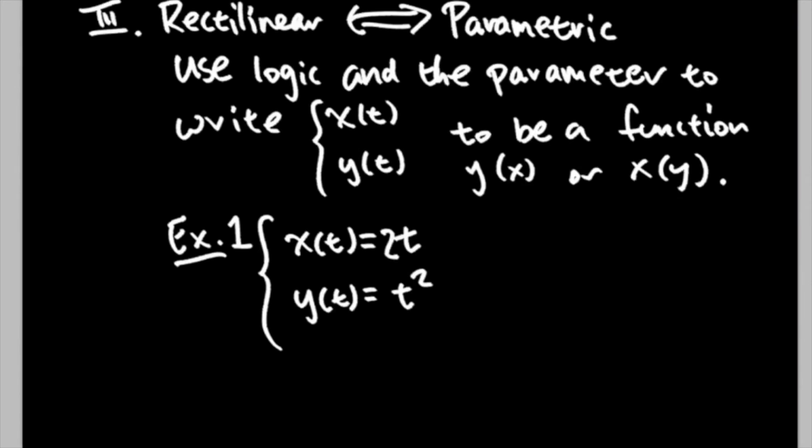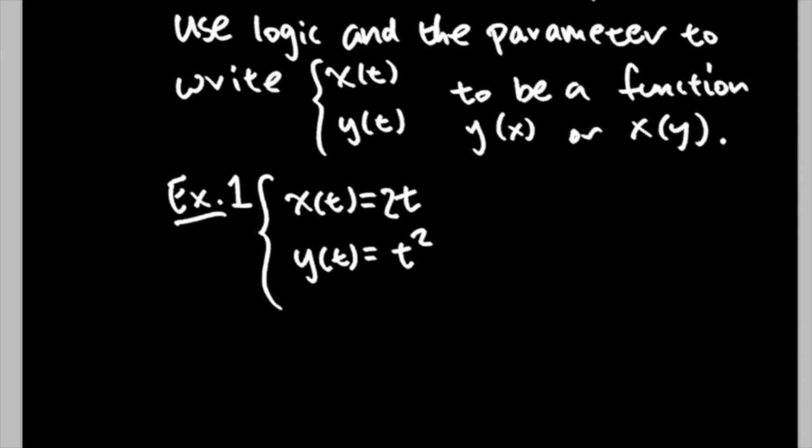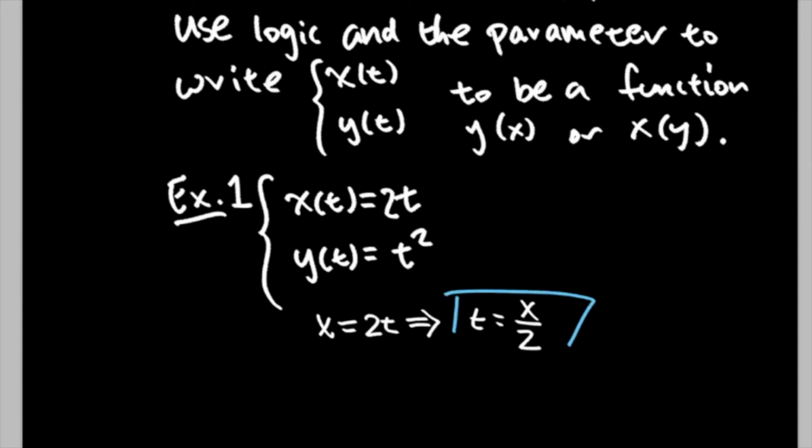All right, so rectilinear or rectangular form to parametric. So you're just going to use logic to write the parametric equation as an x or y function. So we're going to make them dependent on each other. Here, we can take x equals 2t, and then we can isolate for t. So we get t equals x over 2. That's simple, right? And then for y, we can just plug that t directly in there, because they're the same thing, right?